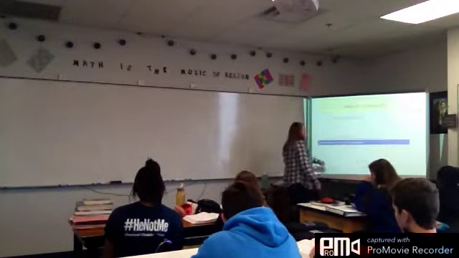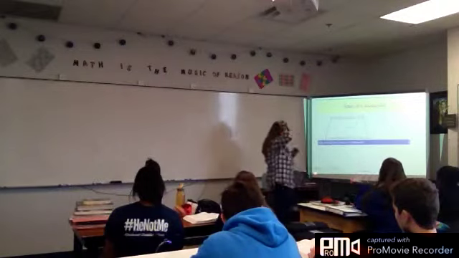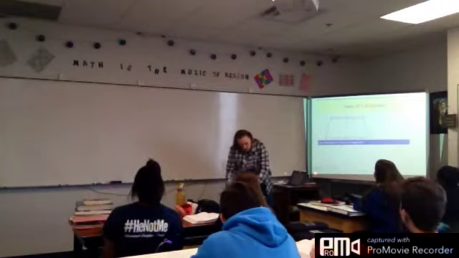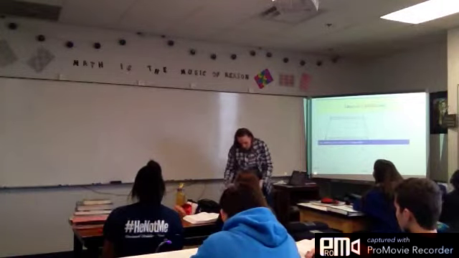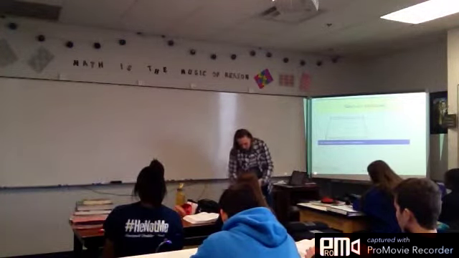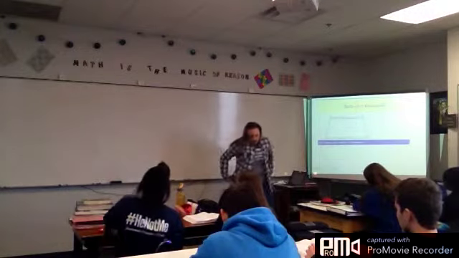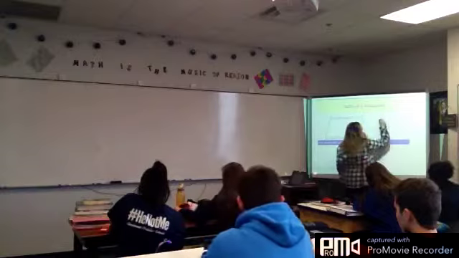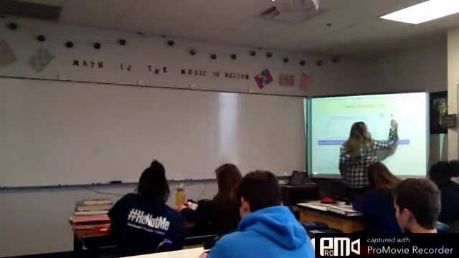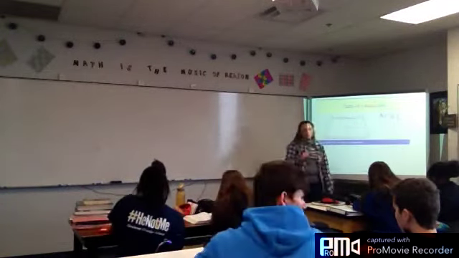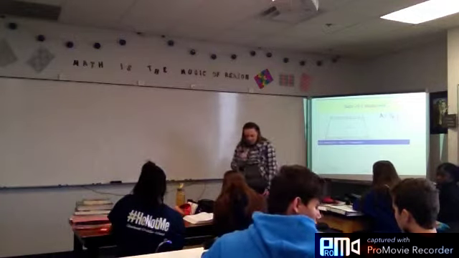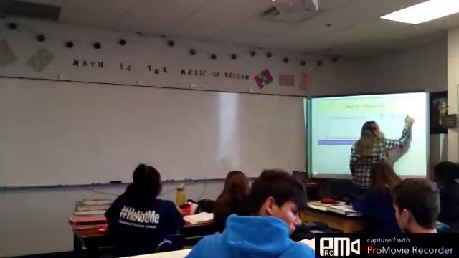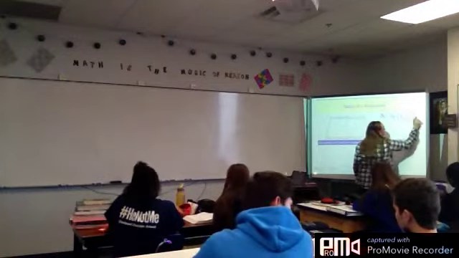That's on coordinate planes. Area of a trapezoid, okay? Calculating the area of a trapezoid. To find the area of a trapezoid, we have to use this formula. The area of a trapezoid equals 1/2 times base 1 plus base 2 times your height.